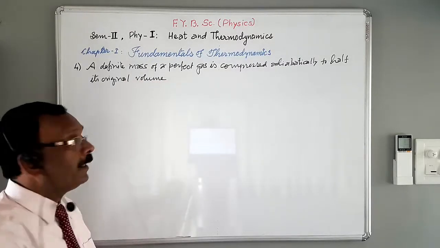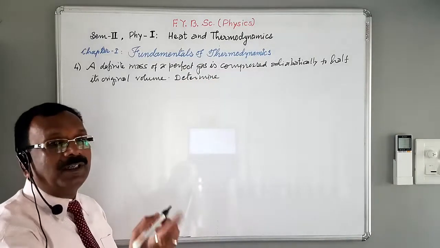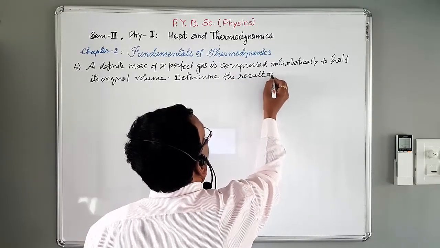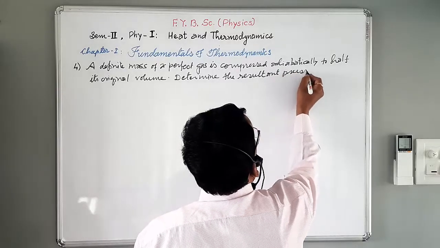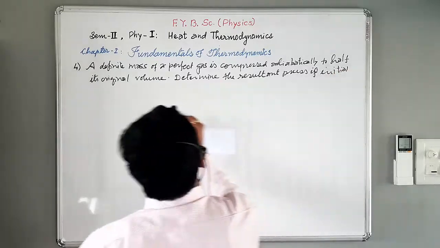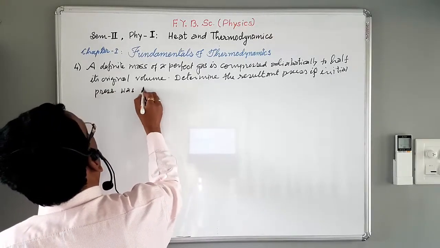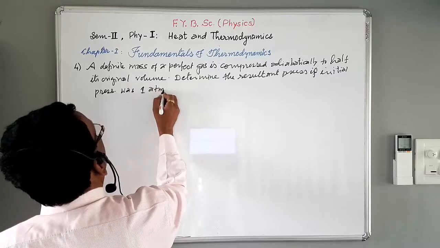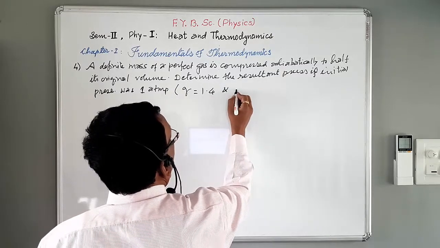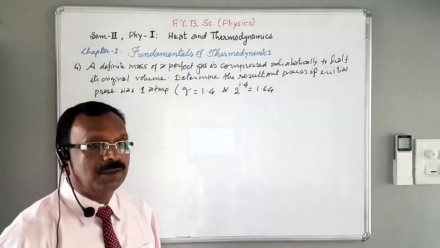Determine, here what we have to determine? Determine the resultant pressure if the initial pressure was 1 atmosphere, and here the given value of gamma is 1.4 and 2 raised to 1.4 is equal to 2.64.